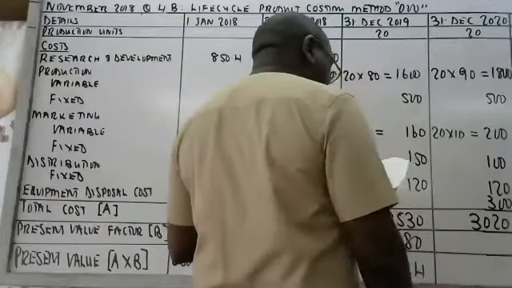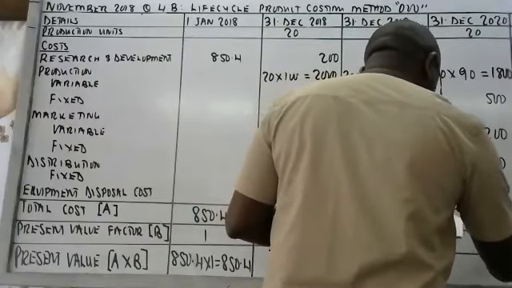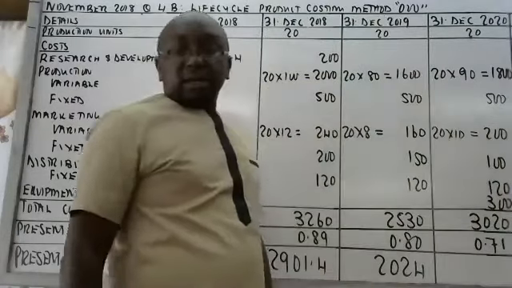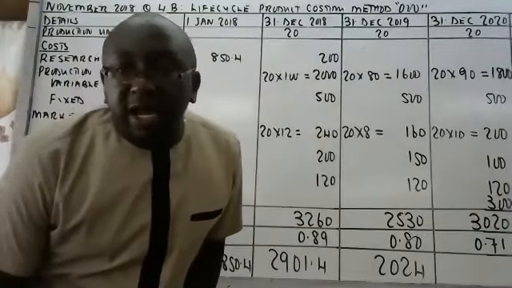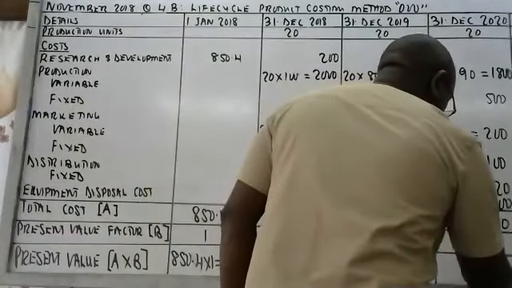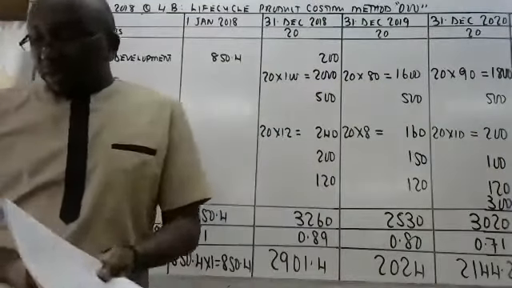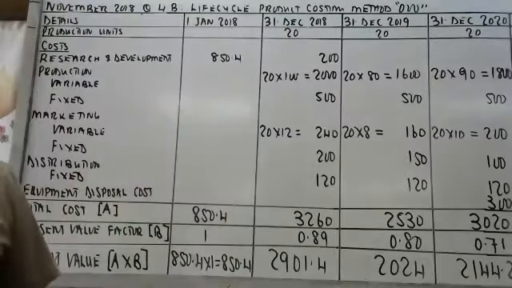The PVF factor is 0.71. So when you multiply, you get 2144.2.